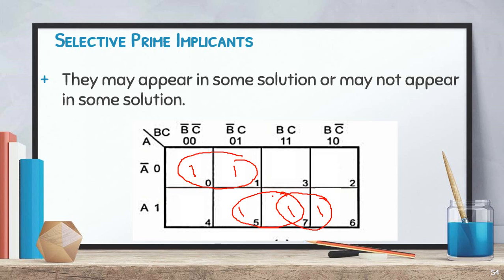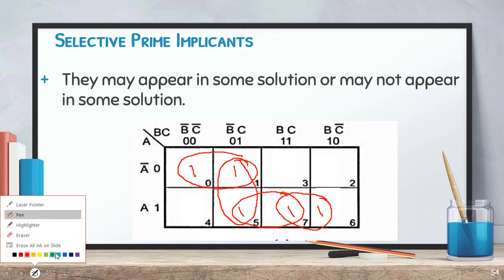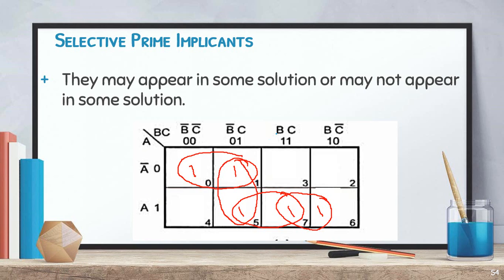But here one more group is possible, that is 1 and 5. Now here, one important thing is that we can take either this group or this group as a single group. That means we will take two combinations here.